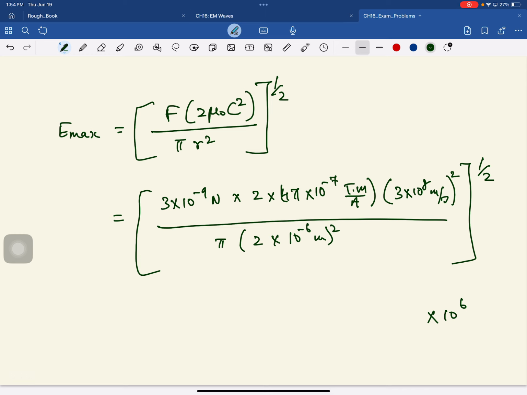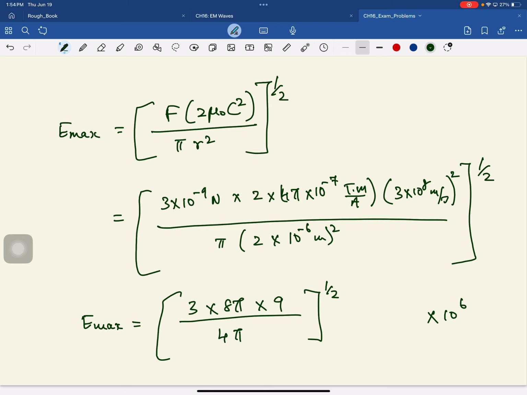And then the rest of the stuff, 3 times 8 pi times 9 divided by 4 pi. So 6 times 9 is 54, square root of that.